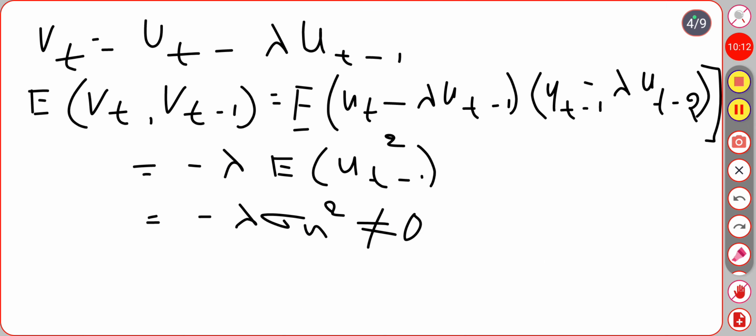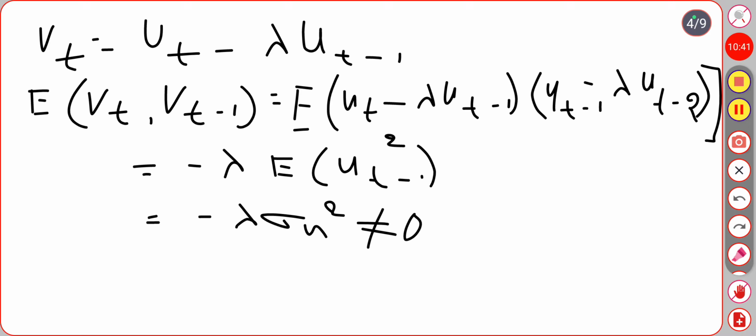So here the error term is related with yt. It can be shown that vt is equal to ut minus lambda ut minus 1. The expected value of vt vt minus 1 is the expected value of ut minus lambda ut minus 1 times ut minus 1 minus lambda ut minus 2.